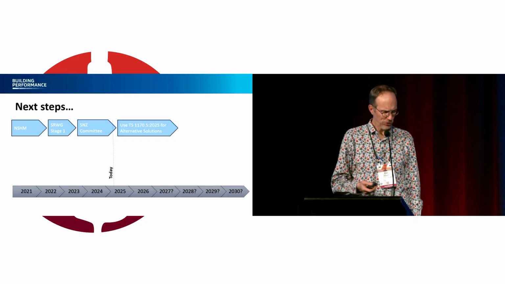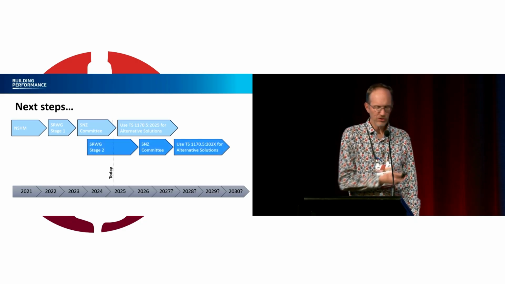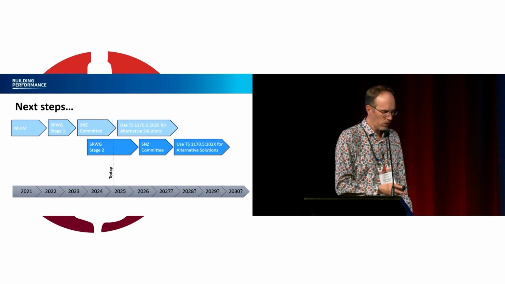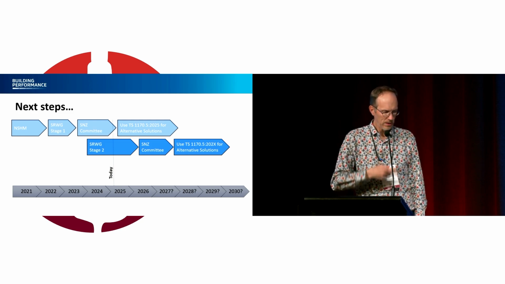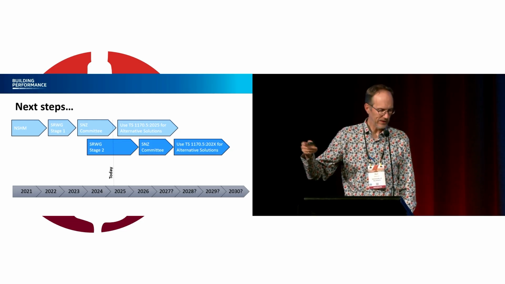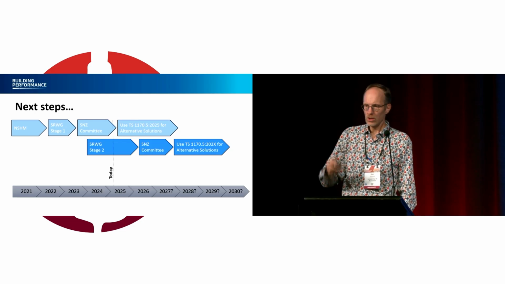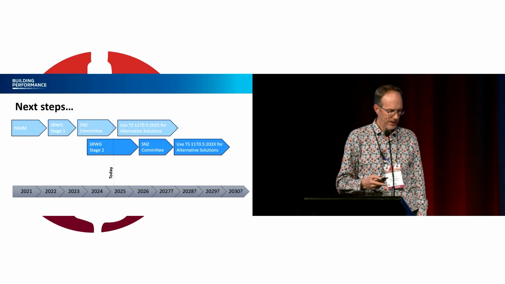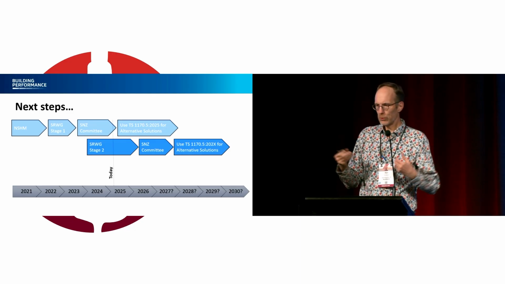Where does the stage 2 fit in? Well, very much in sort of a parallel activity. So just like stage 1 led to the Standards Committee to produce the TS, the stage 2 is going to be doing the same thing. So stage 2 will produce a draft.